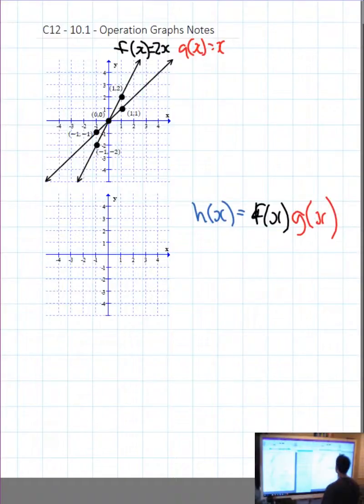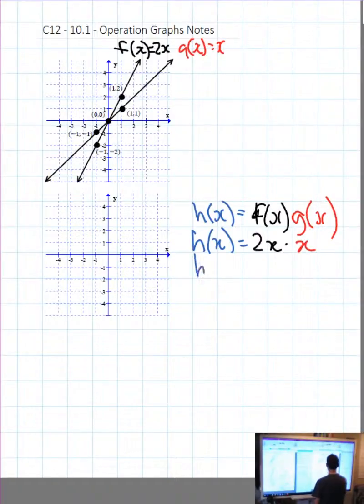Well, how are we going to do that? Well, h of x is simply going to be whatever f of x is, 2x, times whatever g of x is, x. Therefore, h of x is equal to 2x squared.